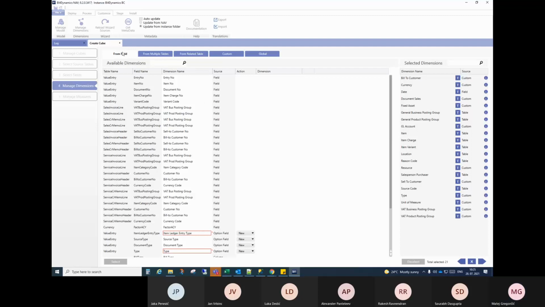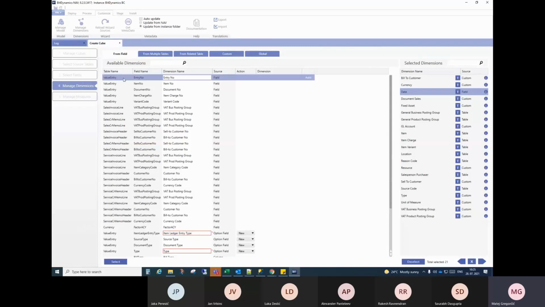So the first type of dimension is from field, and we'll take a look at an example of that. So you will see not many of them are from field.